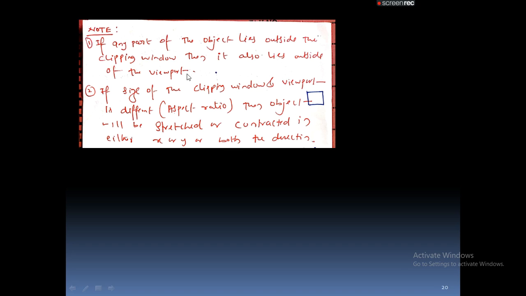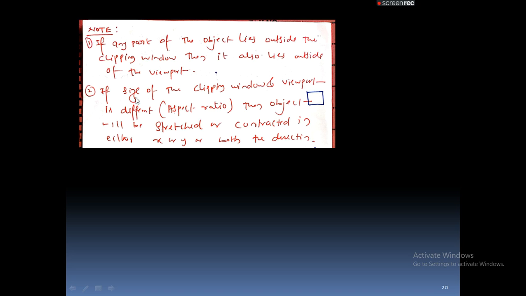This is the first and very important point with respect to mapping. The second point says that when you map viewing coordinates to viewport coordinates, if the size of the clipping window and viewport differs, meaning the aspect ratio, then the object will be stretched with respect to the x-axis, the y-axis, or both directions.